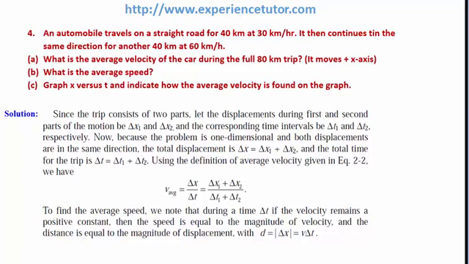A. What is the average velocity of the car during the full 80 km trip? It moves in the positive x direction of the x-axis. B. What is the average speed? C. Graph x versus t and indicate how the average velocity is found on the graph.